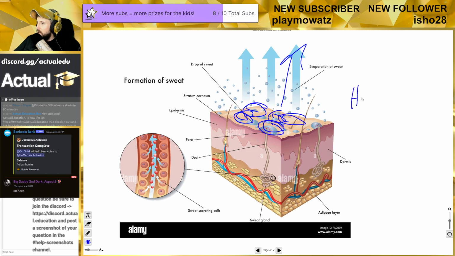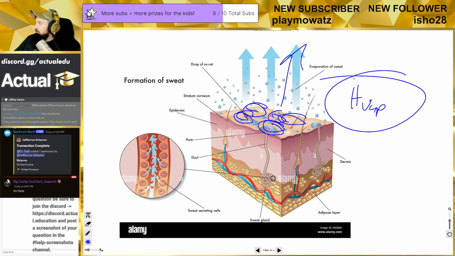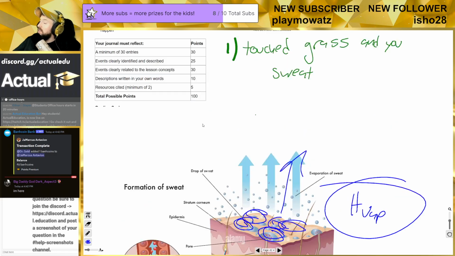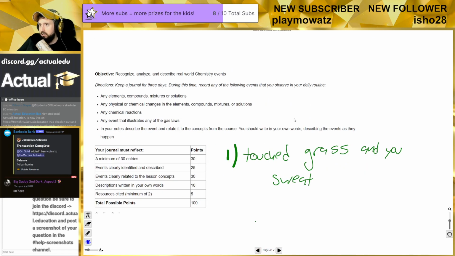This is what we call HVAP, the enthalpy of vaporization, or heat of vaporization, I think is what it's technically called. So the reason you sweat is to take some of the heat out of your body to evaporate water. That's what sweating is, and that's a phase change. It's technically a physical change, not a chemical change, but it is something that happens in chemistry. So this would be an example of a physical change.